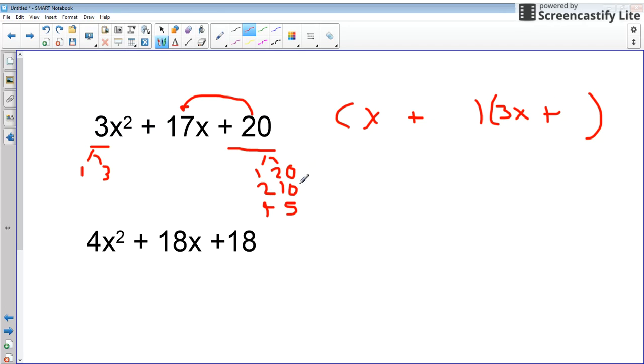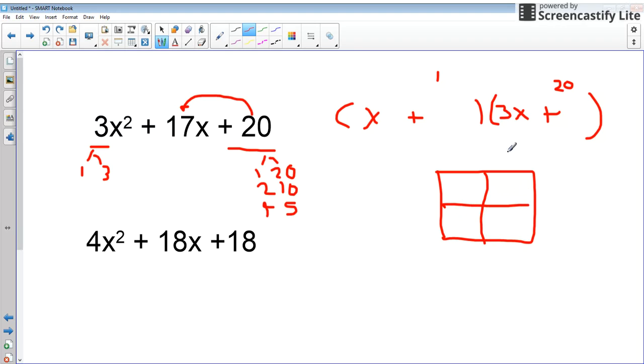When I look at these, let's just pick 1 and 20, for example. I'm going to write it above 1 and 20. What is 3 times 1? It's 3x. And 20 times x is 20x. It might help to write this in the box method if you like, because some people get really confused just looking at the parentheses.